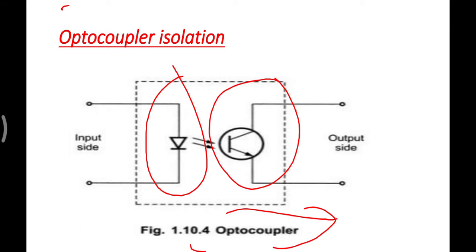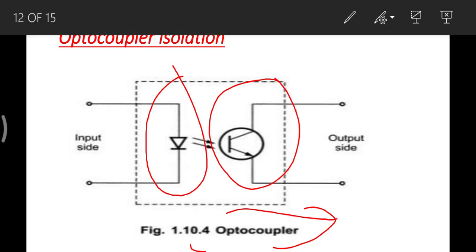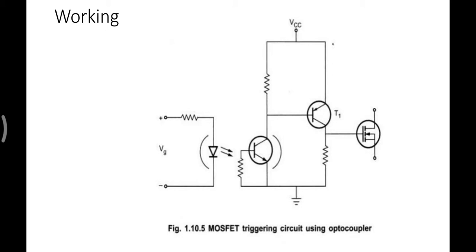Let us see how this optocoupler is used in a triggering circuit. This is the MOSFET triggered circuit using an optocoupler. Let us see its working. When a signal is applied to the infrared LED, it turns on and its light falls on the photo transistor.